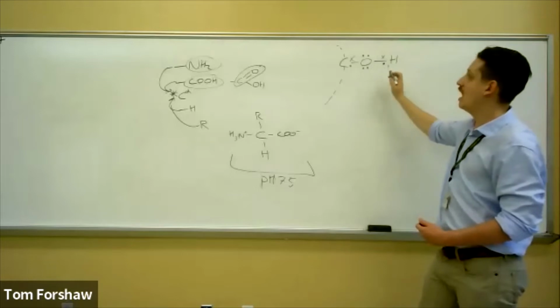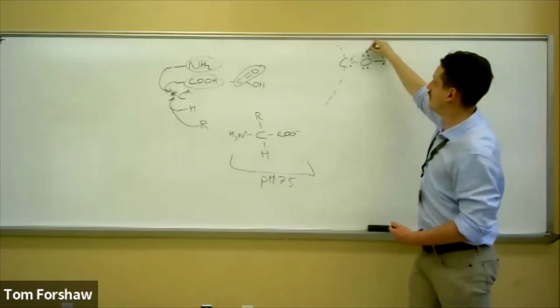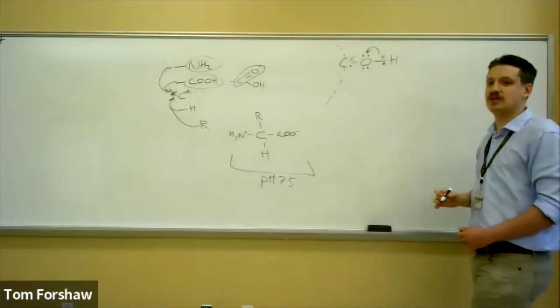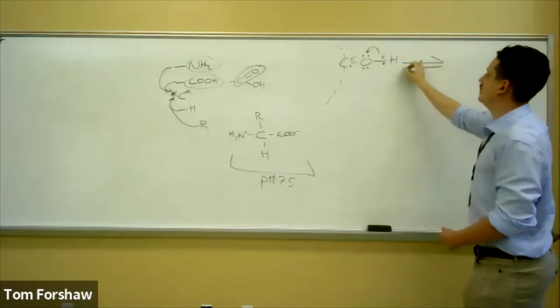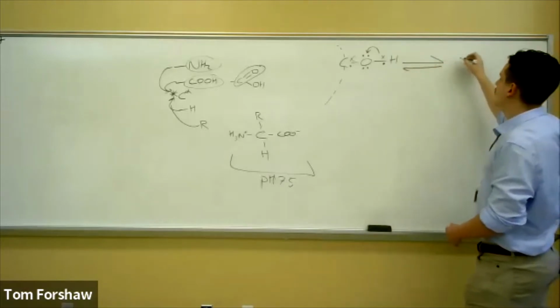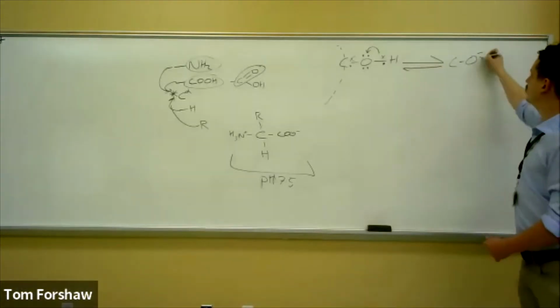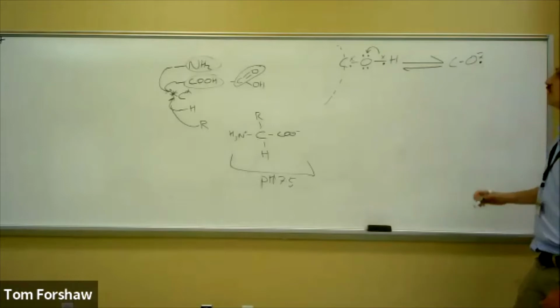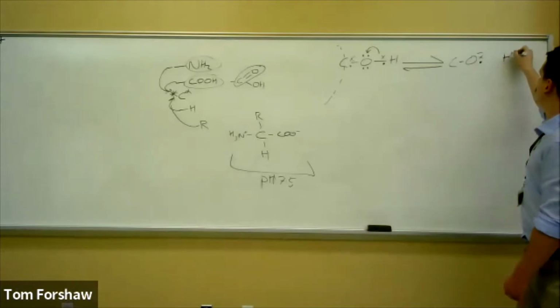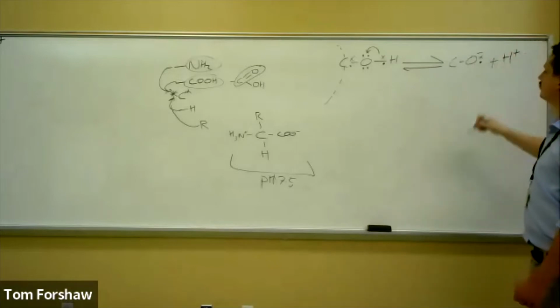They're shared. What may happen is that the electrons may move across to the oxygen, and what you end up with, and this happens in equilibrium, is the CO with a negative charge, because it's got that extra electron stolen from the shared bond with hydrogen, plus the hydrogen, which is now essentially a proton.